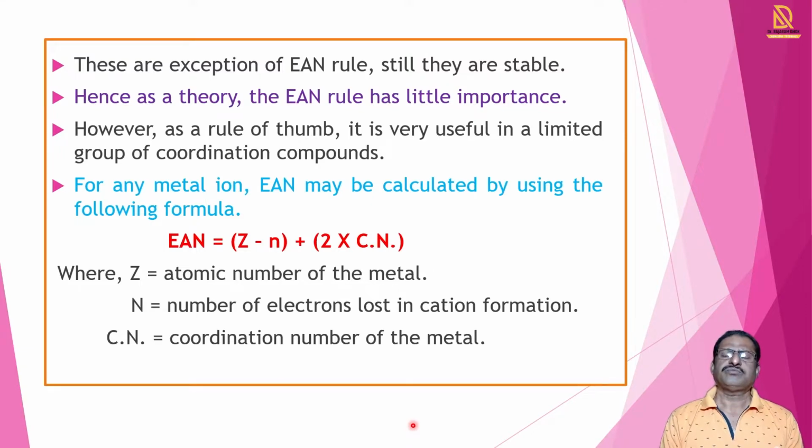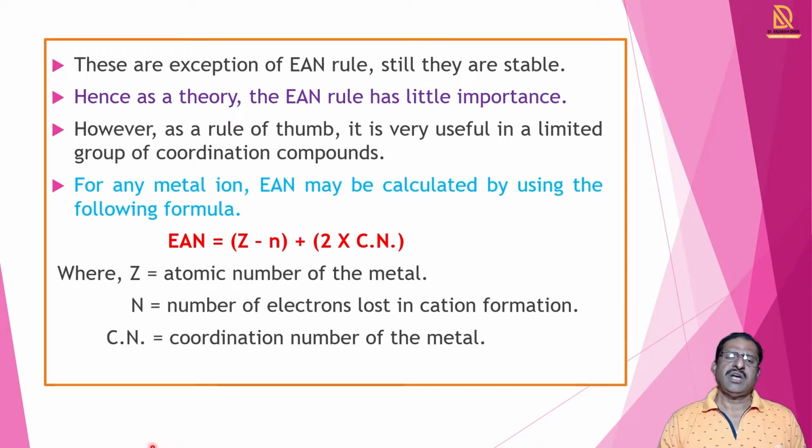And so for calculation of the EAN, there is a simple formula. That formula is EAN is equal to Z minus n plus 2 into coordination number. Here Z means the atomic number of the metal.